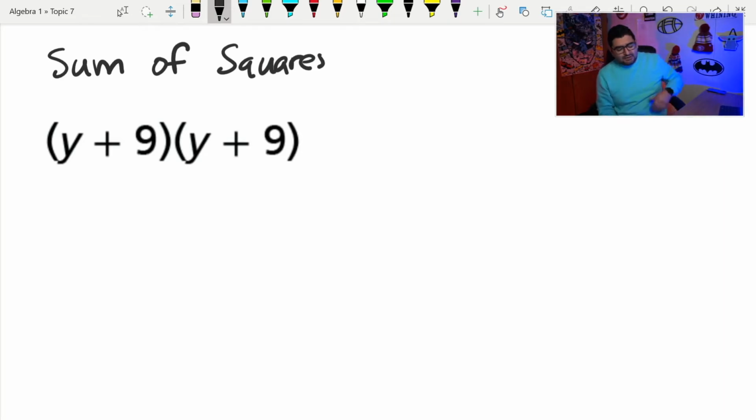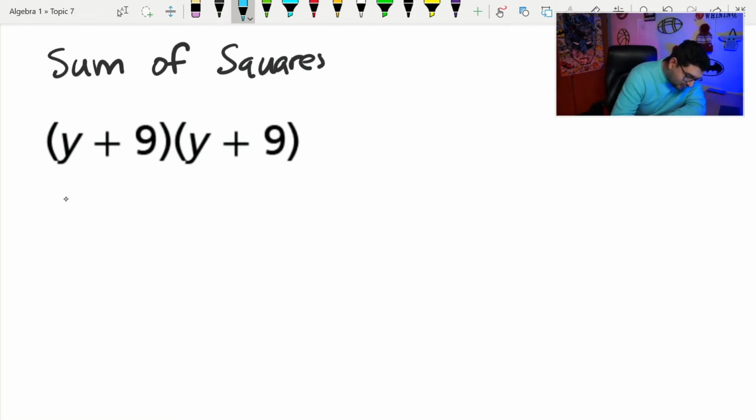The reason why this is a special case is because you can actually take a shortcut when you're multiplying a problem like this, when you have two binomials that are exactly the same. But first, let me go ahead and multiply it normally by using either the distributive property, box method, or FOIL. It doesn't matter which method you use, you'll get the same answer. But I'm going to use the distributive property.